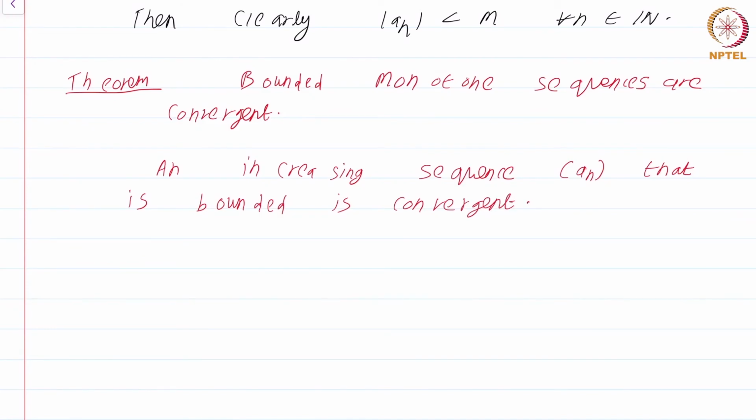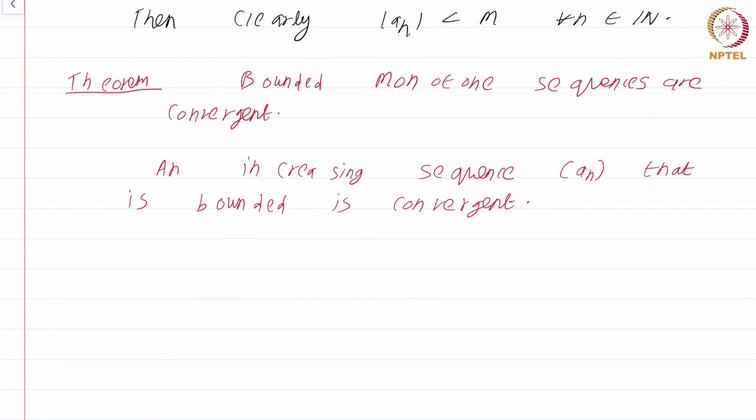Now the motivation for studying these monotone sequences is the previous proposition, which says that convergent sequences must be bounded. So our guess would be that bounded sequences are also convergent. But that is clearly not true. Think of a counterexample yourself. The next best thing is to say that at least monotone sequences that are bounded will be convergent.